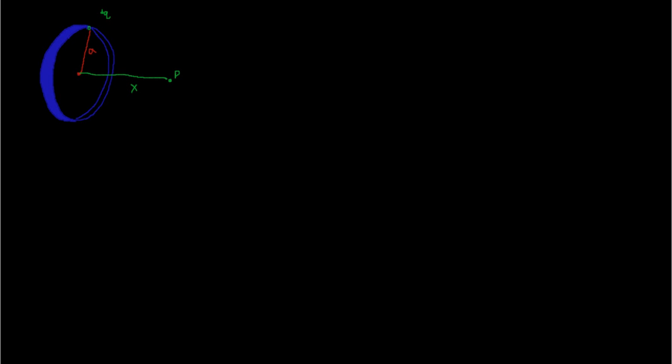So if we look at this infinitely small piece of charge on the ring, dq, and just look at the properties of this point, we can use calculus to find out the effects from the entire ring on point P. If point P is x distance away on this axis, then we need to create an axis from our infinitely small piece of charge dq to point P. Let us make an axis right here, which we can say is r, and the angle between r and x we can call theta.